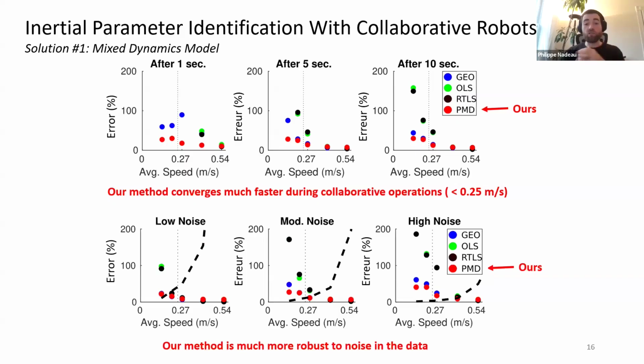Our algorithm is also much more robust to noise in the data and produces more accurate results when the noise is moderate or high. So in short, the takeaway from this work is that in robotics, choosing an appropriate dynamic model is always a very important decision to make.